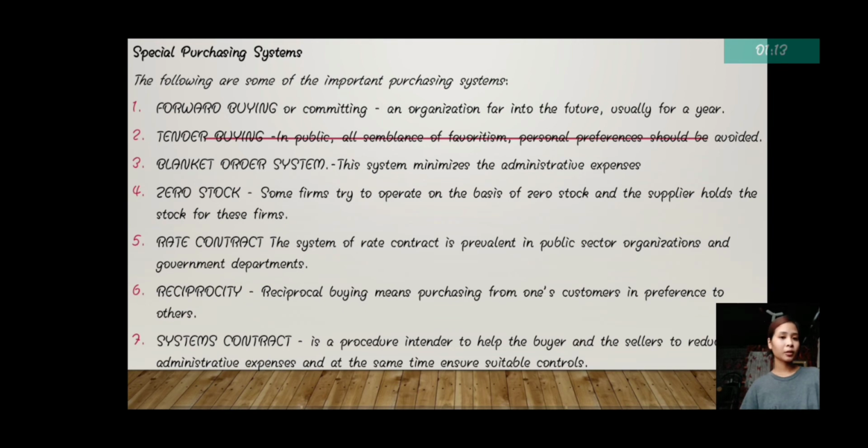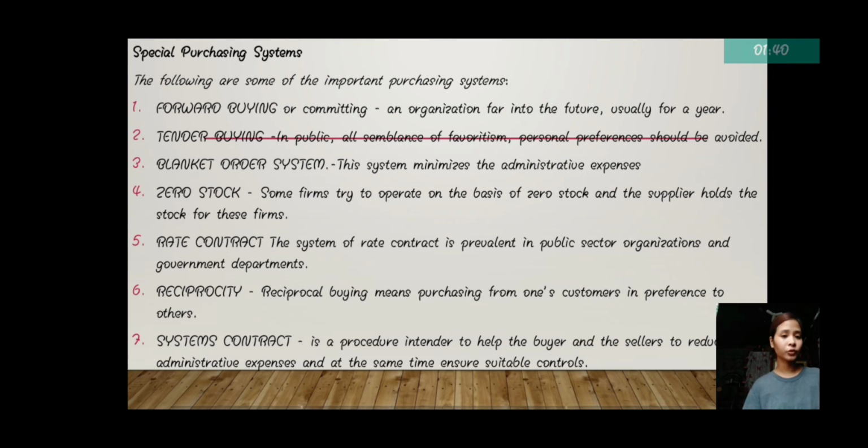Then the blanket order system. This system minimizes the administrative expense. So the system combines the expenses in one organization. Then zero stock: some firms try to operate on the basis of zero stock, and the supplier holds the stock for these firms.